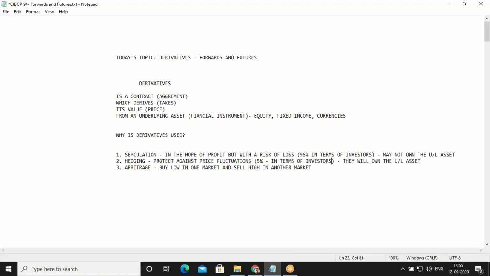So let me explain hedging again. I'm going to give you a silly example, but silly examples actually help you understand. Let's talk about a bike. Everybody knows a bicycle or a bike, motorcycle, whatever it is. How do you protect yourself from injury?